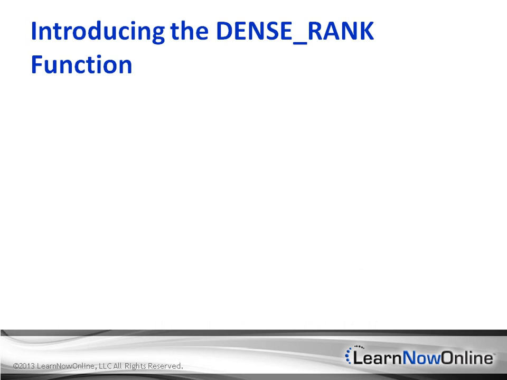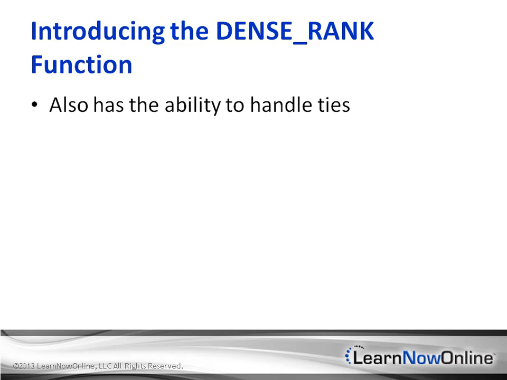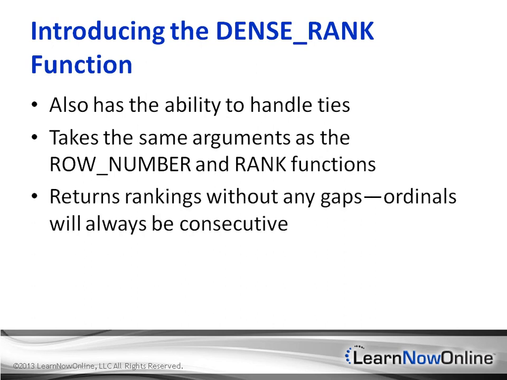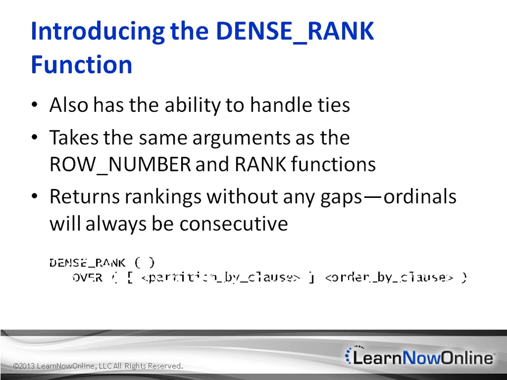So SQL Server supports a dense rank function. It also has the ability to handle ties, takes the same arguments as row number and rank, but it will return those rankings without gaps, so we'll always have consecutive numbering.